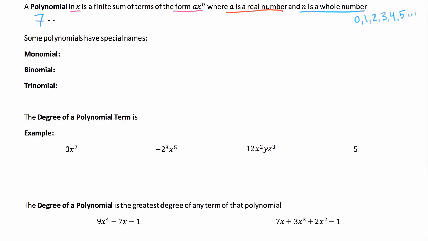You'll see a lot that look like this, like 7x squared minus 15x plus some number, let's say a half. So here we have three terms. Each of them is a coefficient and then a variable or just a constant. And you can actually think about that constant as being multiplied by x to the power of 0, because remember, anything to the power of 0 is equal to 1.